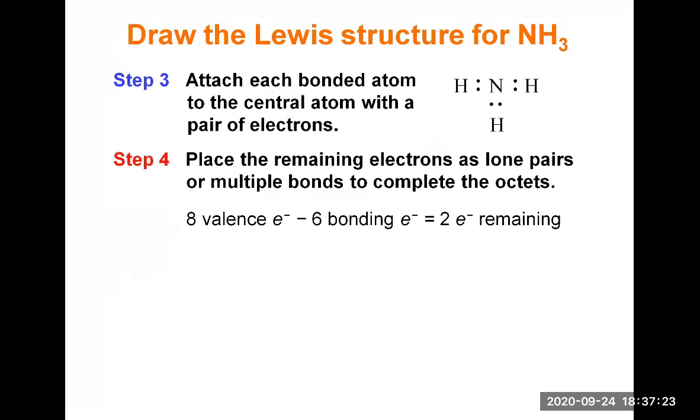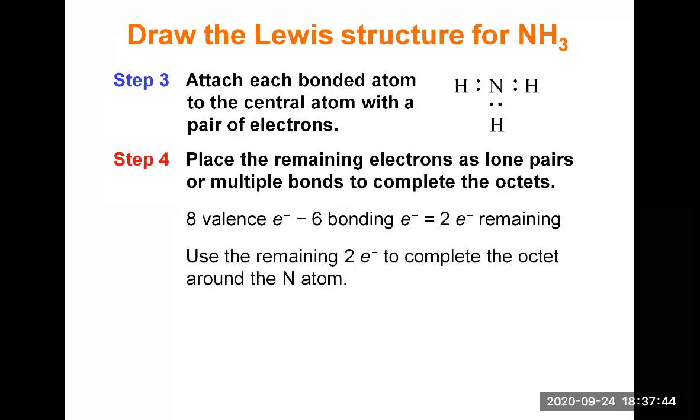So that's 2 electrons remaining. Those 2 electrons need to be put down as a lone pair. Remember how hydrogen cannot accommodate more than 2 electrons, and so those hydrogens are already satisfied. So the lone pair will go on nitrogen because nitrogen has only 6 electrons around it. So you will complete the octet for the nitrogen atom by giving it a lone pair.